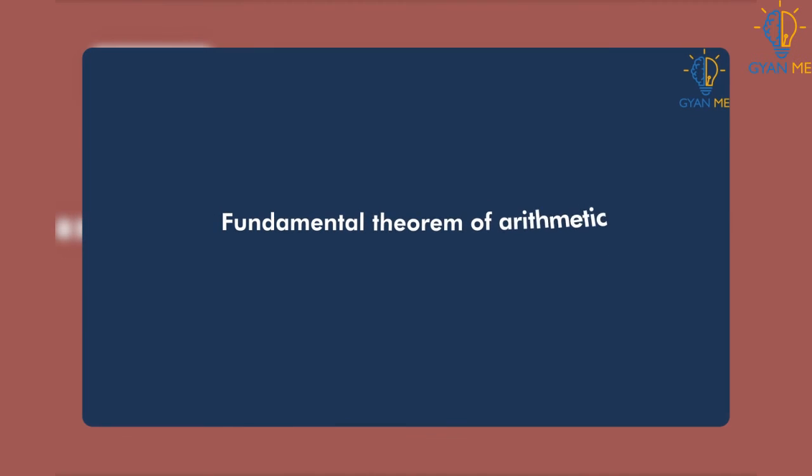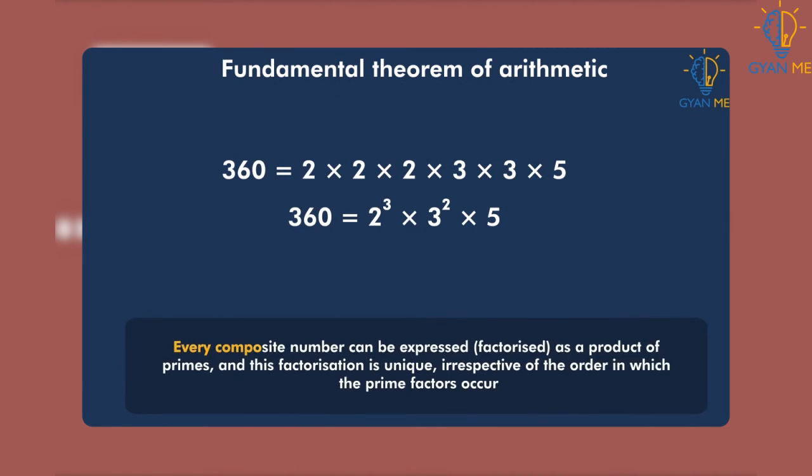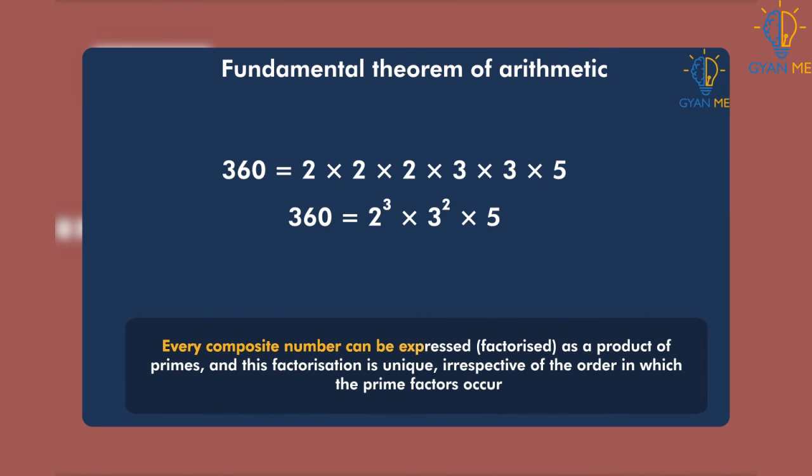Now recall the fundamental theorem of arithmetic. This theorem states that every integer can be written as a product of one or more primes. The prime factorization of any number a is unique except for the order of the factors.